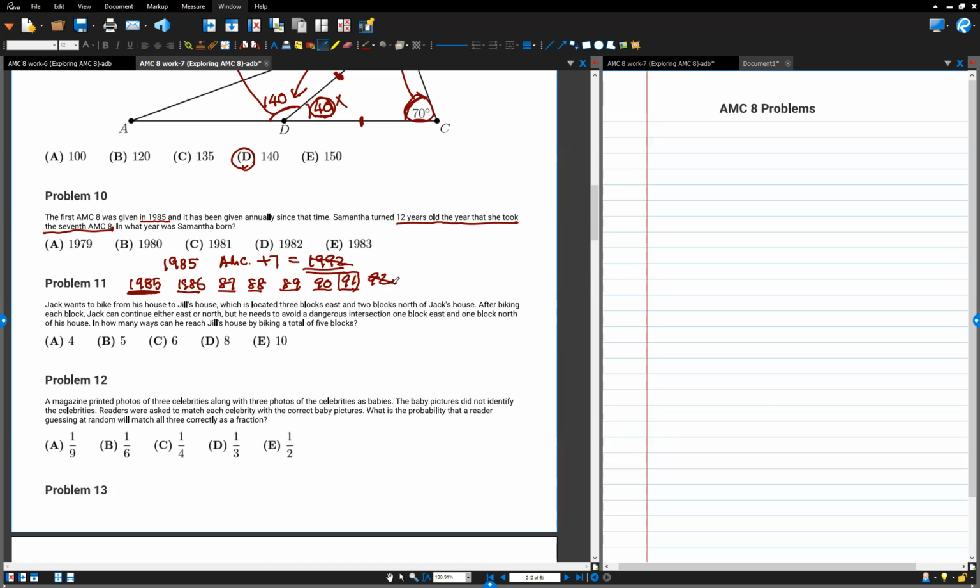You have to be careful because the first year is 1 already. So when you want the 7th, you have to add 6. Their difference is 6. 1 plus 6 is 7th test.